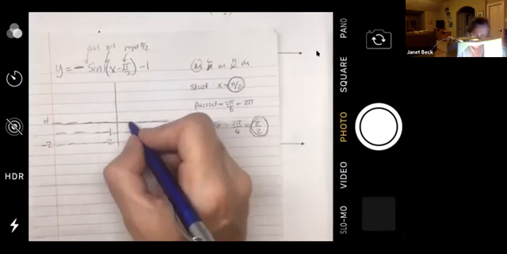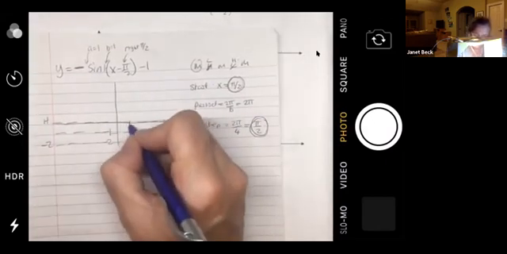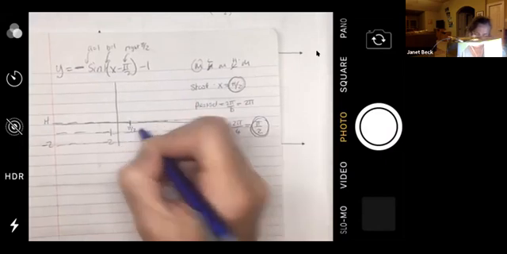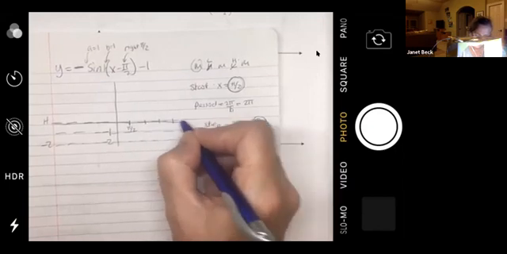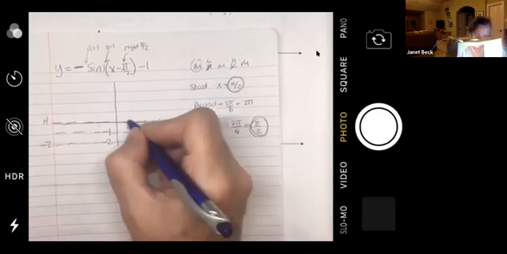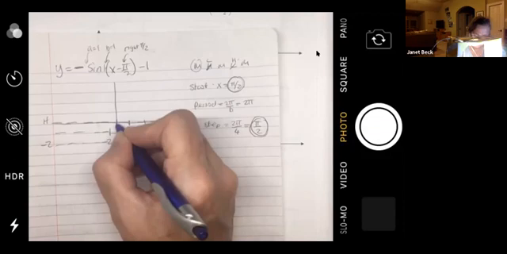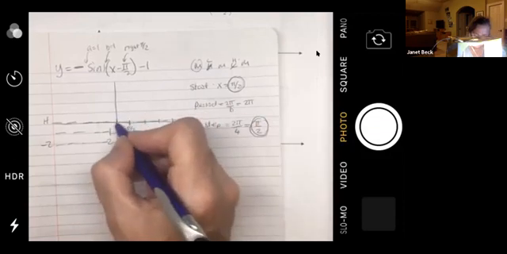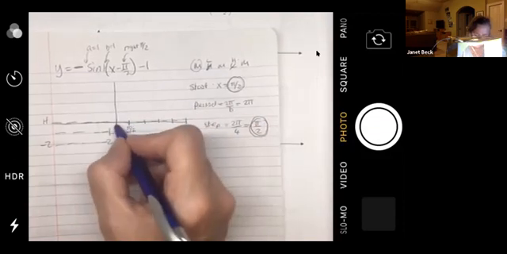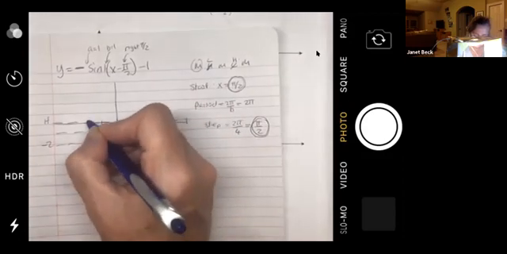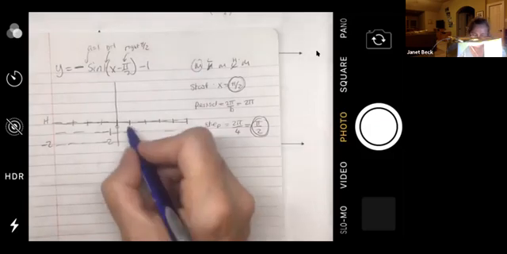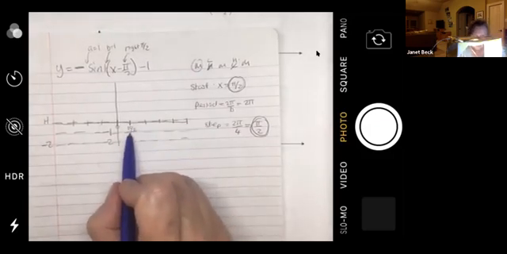So that's going to be my start at pi over 2. And then I'm going to take 4 steps forward: 1, 2, 3, 4. And I'm going to take 4 steps backwards. Don't forget the y-axis there is going to be a step. It isn't always, but in this case it will take us to 0. That's 1, 2, 3, 4. Let's label these up. This was 1 pi by 2.